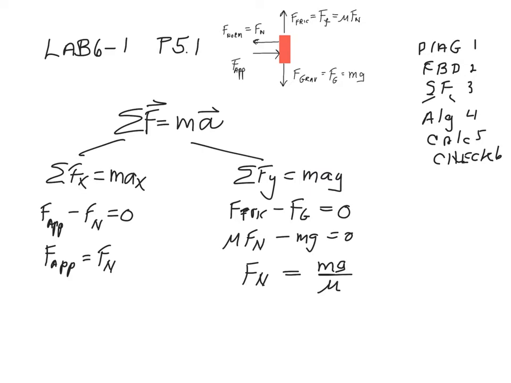Now we move to Lab 6, Problem 2, which is Vislit Problem 5.2. And when you look at that, you'll see that the situation is the same. In a general sense, the free body diagram is the same.